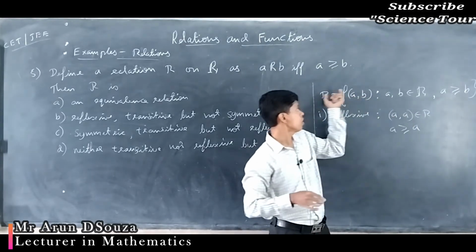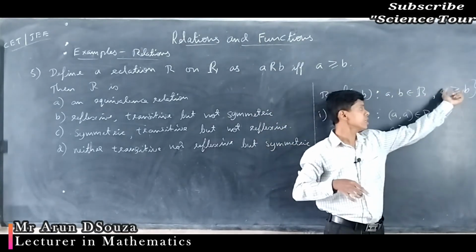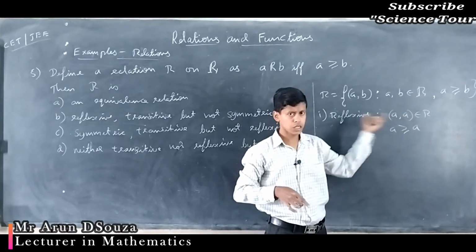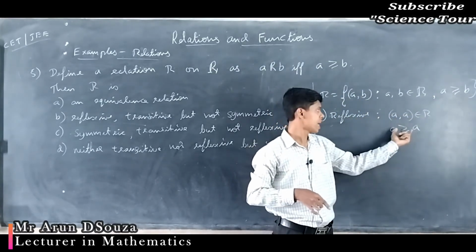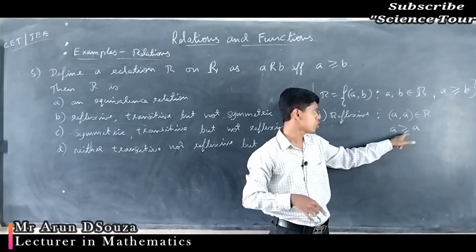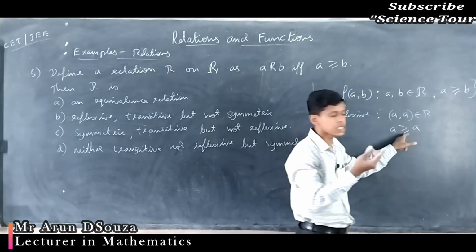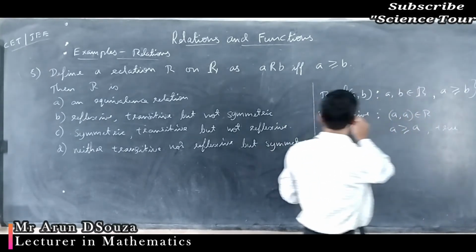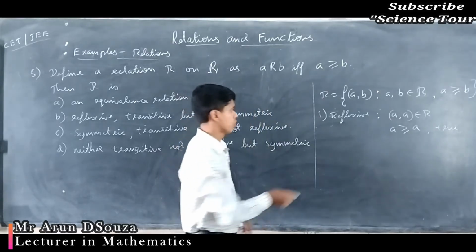So A comma B belongs to R if A is greater than or equal to B. Now we are talking about A comma A to make it reflexive. So that means A must be greater than or equal to A. Is it true? Yes, because you have the equal sign. A is equal to A. So it is true. Therefore, it is reflexive, obviously.